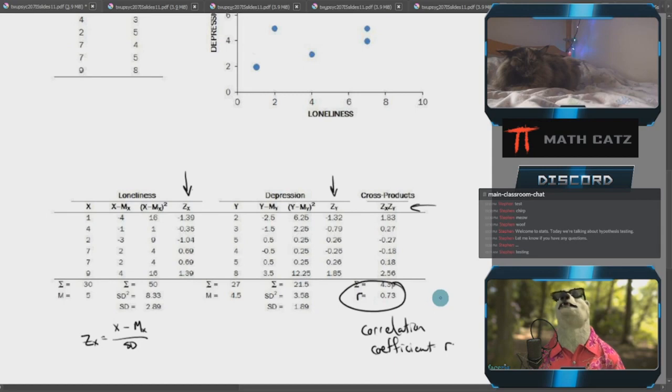That's how we're going to measure this correlation concept.